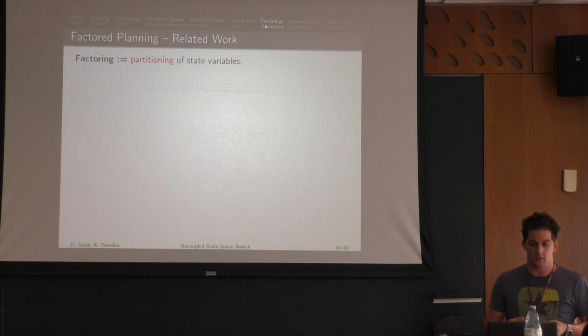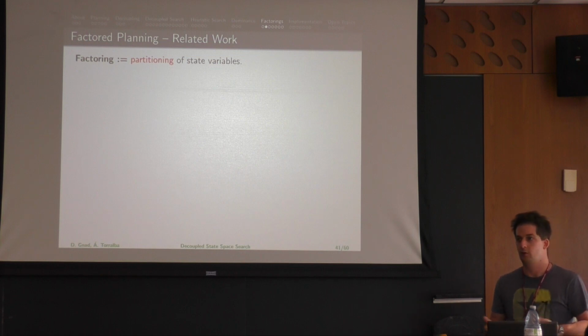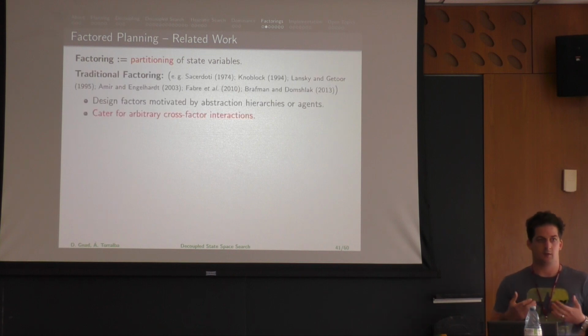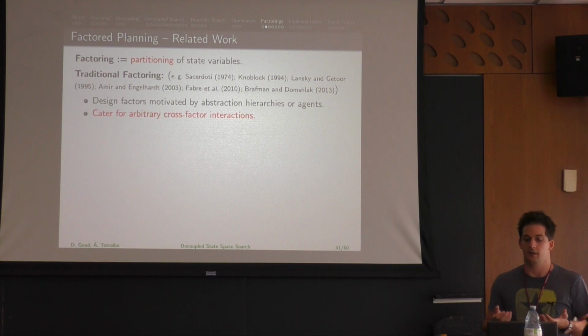As promised in the introduction, I will now point out the differences to prior work on factored planning, where in general a factoring is a partitioning of the state variables, just like in decoupled search, and there's been really lots of prior work on factored planning. Many people have worked on this.